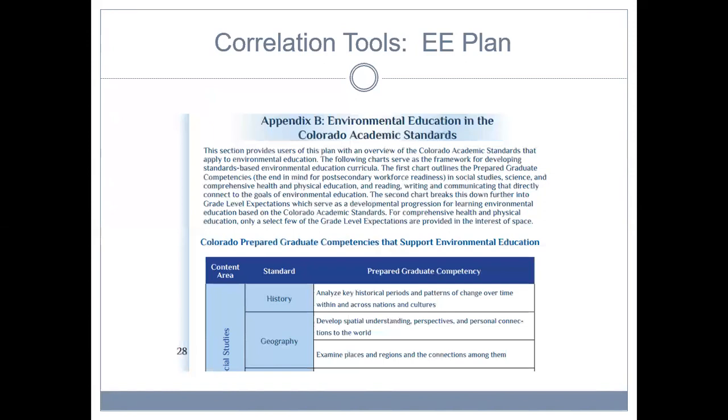And so instead of going to the 125-page science document, you can go to this brief document and pull out what you need really quickly. It's an easy correlation tool that you can use as you're looking to line up your lessons and programs to academic standards. So definitely check that out if you haven't already.